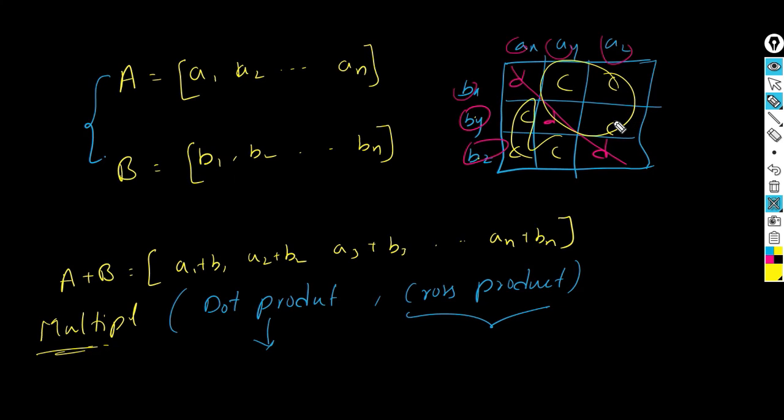Let's see more intuition to get more understanding of that. We have A as a vector and B also a vector. Mostly we are going to use the dot product, which is mostly useful for machine learning purposes.